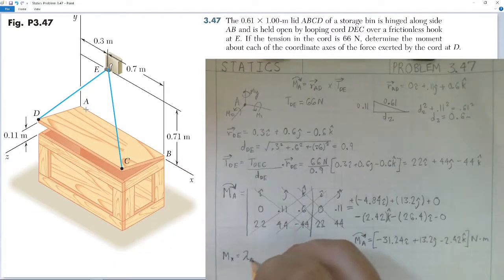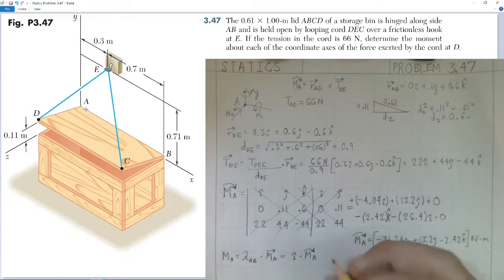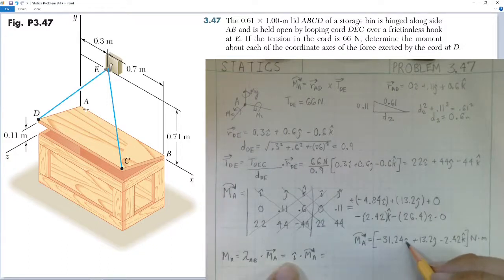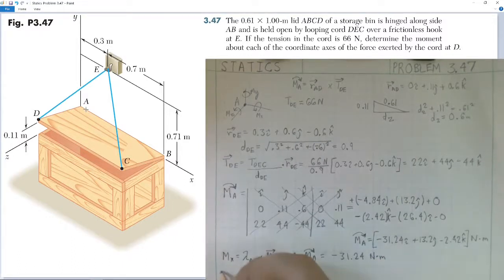So it's going to be the unit vector A to B dotted with the moment A. Well, that's simply i hat dotted with the moment A. So the i hat component will only multiply and get a value of 1 times each one of these i hat components right here. When it multiplies i hat times the j hat and k hat, we get 0. So the only thing we have to focus on is a scalar value in front of the i hat components. This would be moment about x would be negative 31.24 newton meters. That's our answer for moment about x.